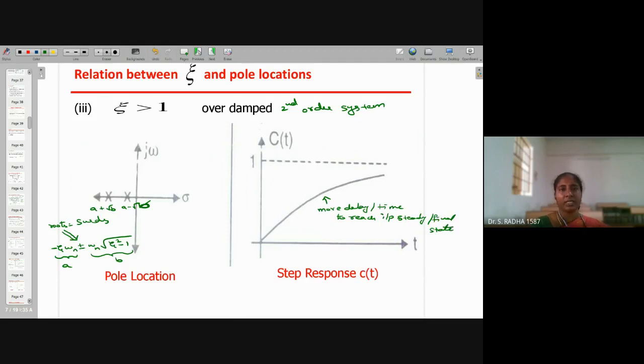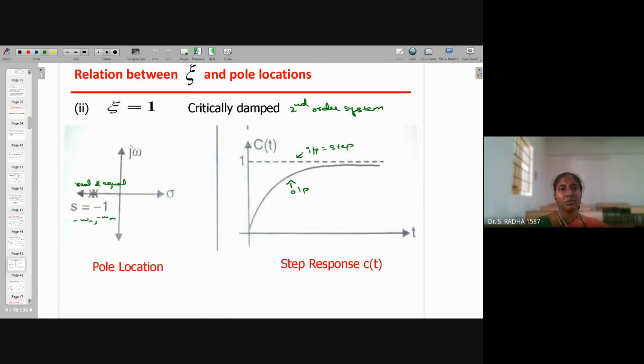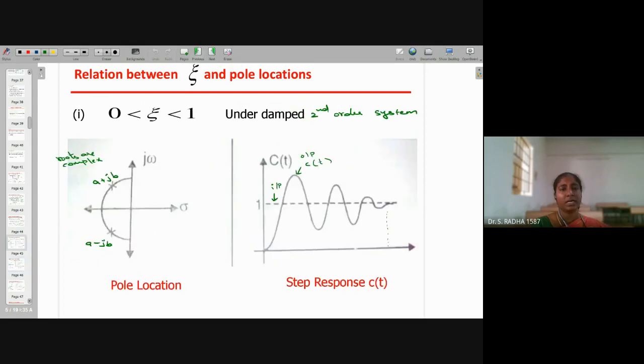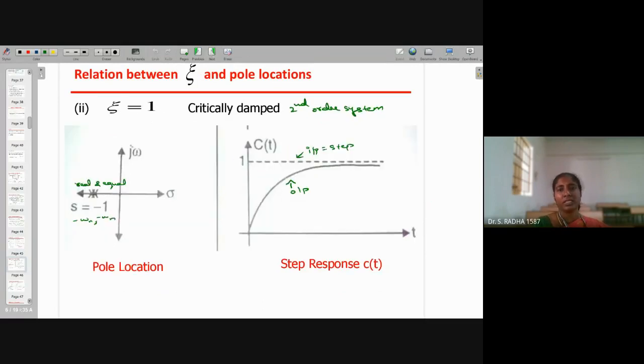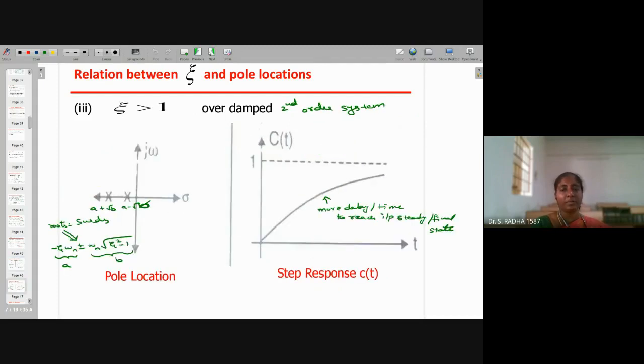You can see that in the underdamped case also, finally the graph is trying to reach the dotted line only. That is called final state or steady state: the output graph should reach the input dotted line. Here also it is trying to reach the dotted line, but it is taking more time in the case of the overdamped system.